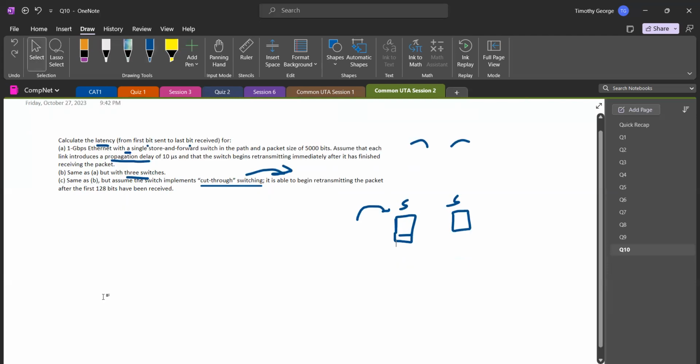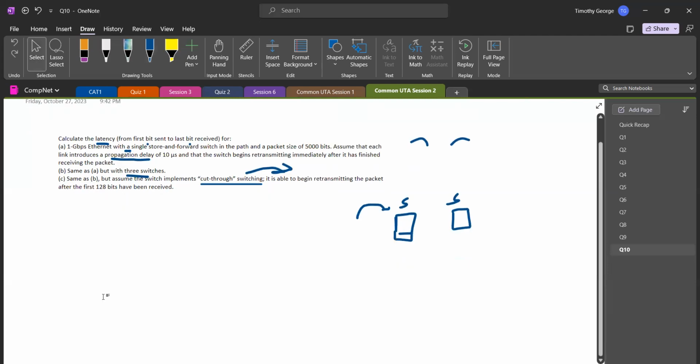So we asked for latency. You might have had to include this in the previous session when we discussed parameters. But let's talk about it here. Delay, like we've seen in all the other questions, is propagation delay plus transmission delay plus, as we saw in one of the questions, switch delay.